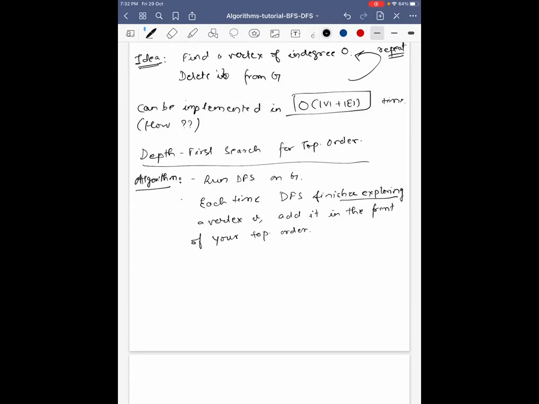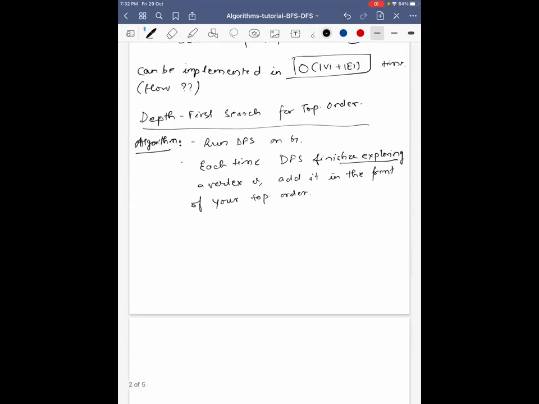Yes, sir. So maybe let me take up an example. Sir, we must also introduce a condition, right? That if it finds a cycle, it claims that it is impossible. Yeah, but I mean, we have assumed the graph to be a DAG. Okay, so G is a DAG.